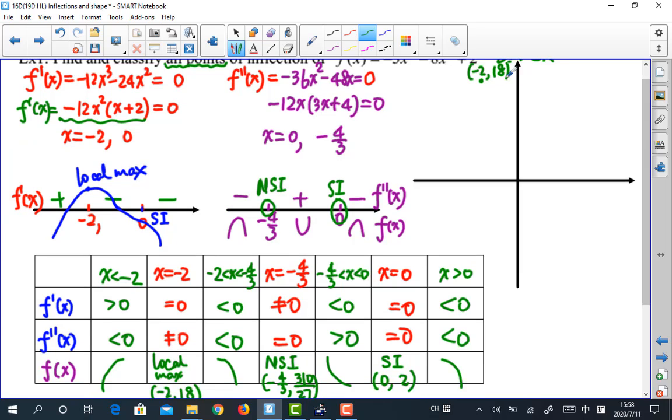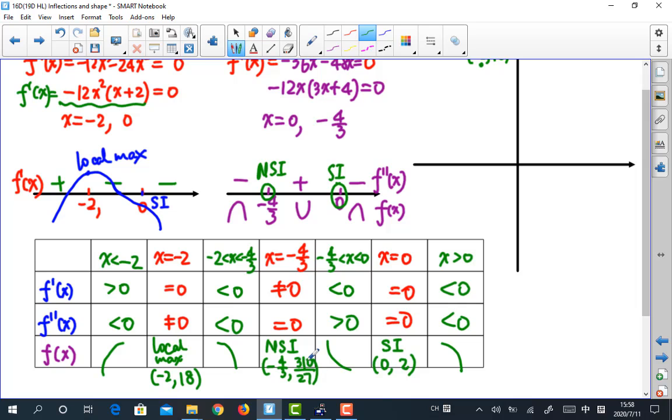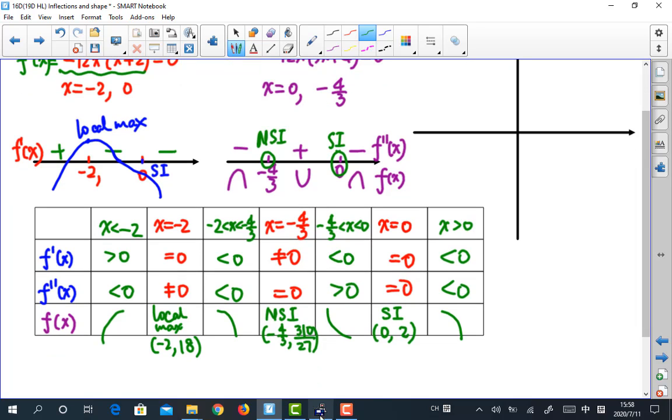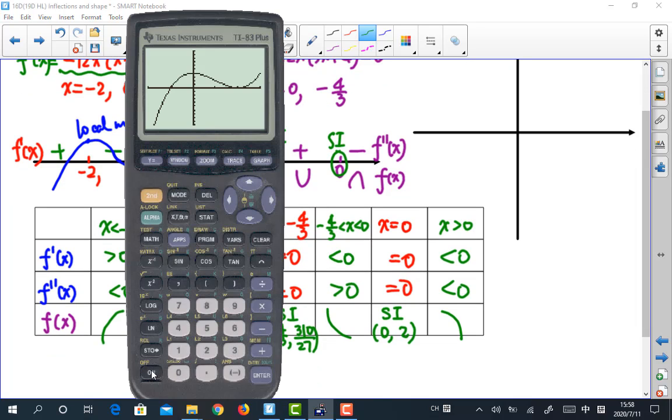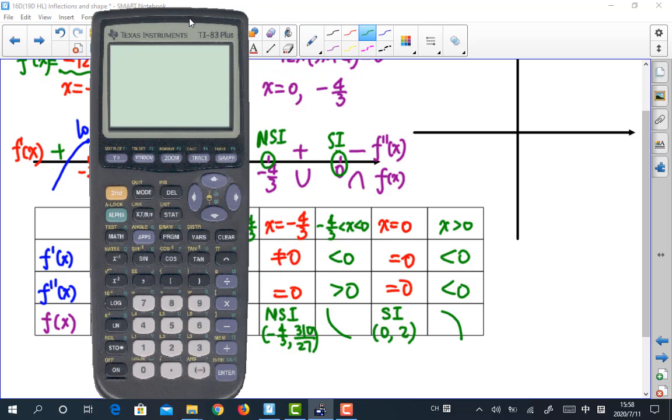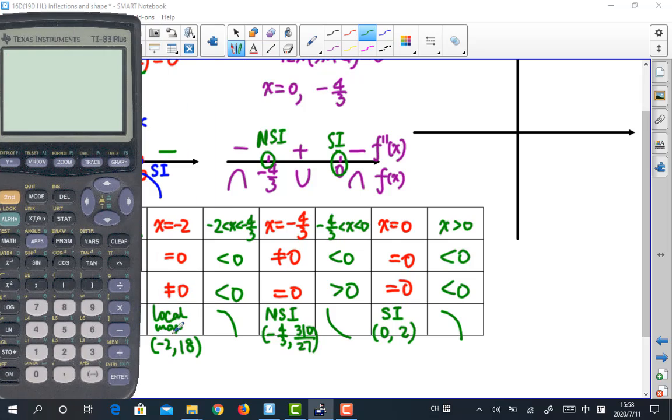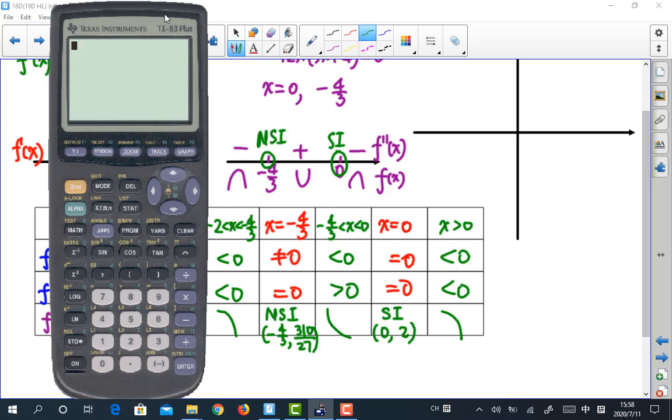Definitely, if you change this one to a decimal, that would be helpful, because you can see whether this point should be above this one or lower. In most cases, it should be lower, right? Because this is the local maximum point, (-2, 18), okay? So 310 divided by 27.